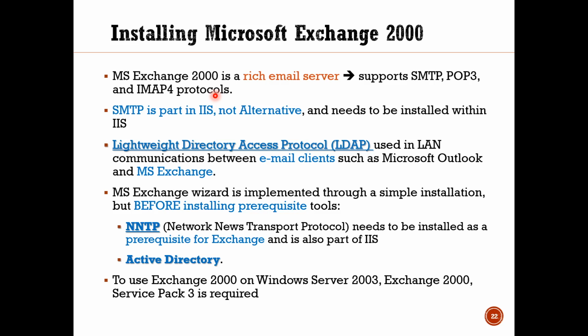Lightweight here is a protocol that is also used in the LAN to communicate between the email client, such as Microsoft Outlook, and the email server. So MS Exchange here is an example of a package that can run on the email server.